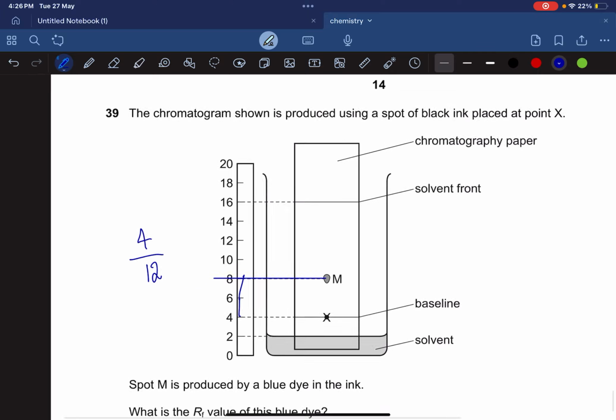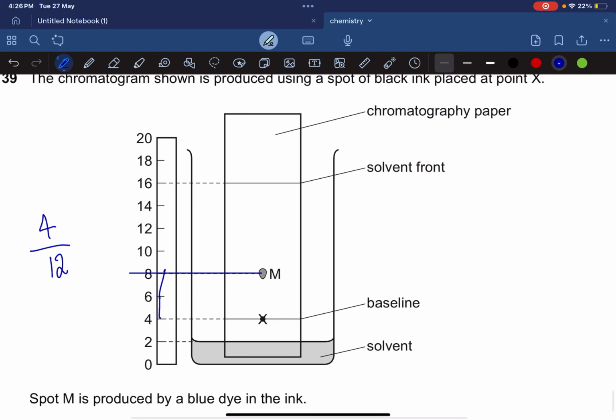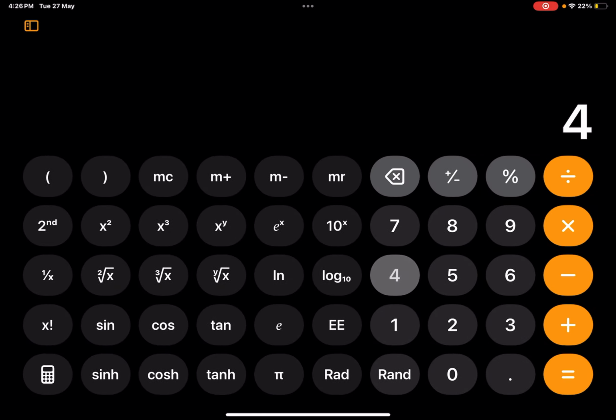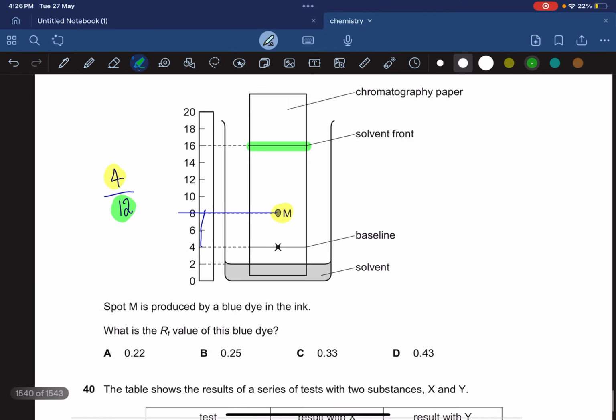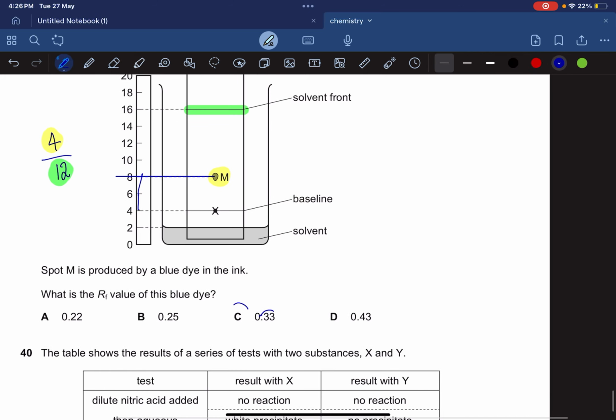So not 12 upon 4, 4 upon 12. The distance traveled by the substance is above, and the distance traveled by the solvent front is below. So it's basically 4 divided by 12. That gives me 0.33. That's going to be option C.